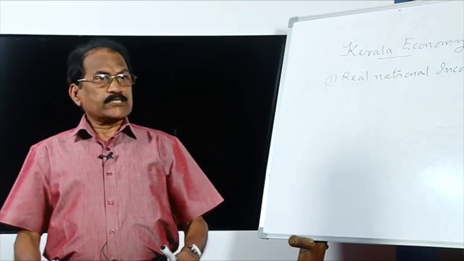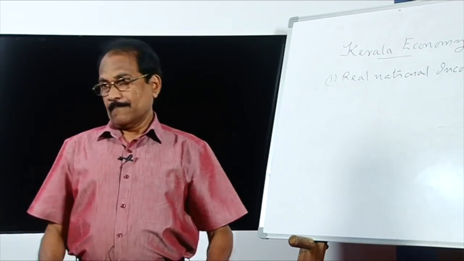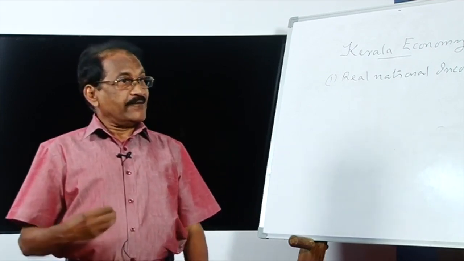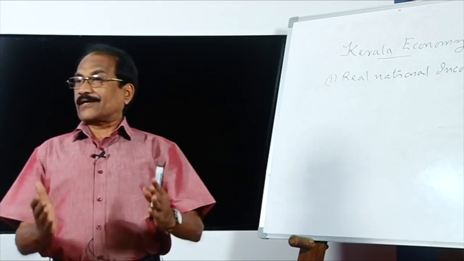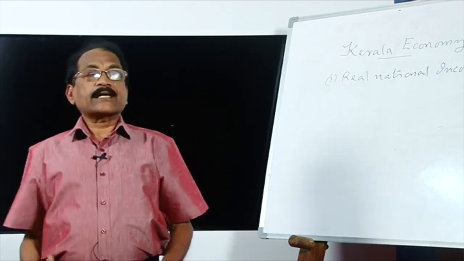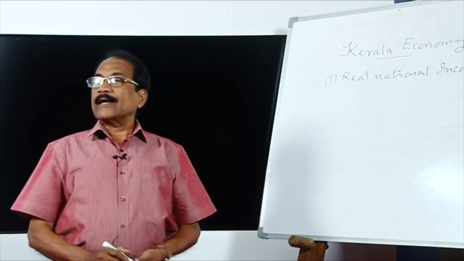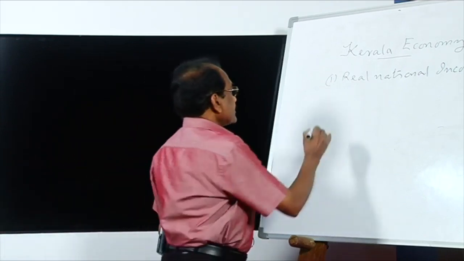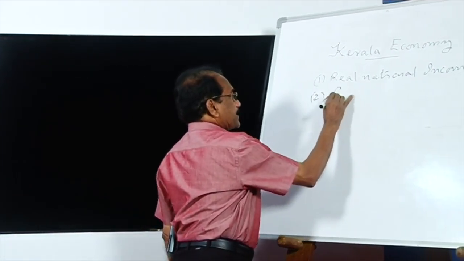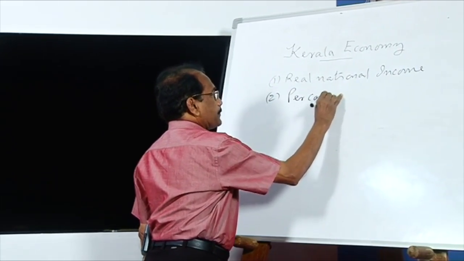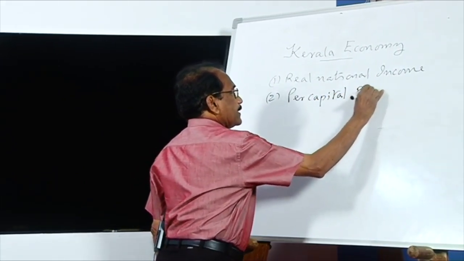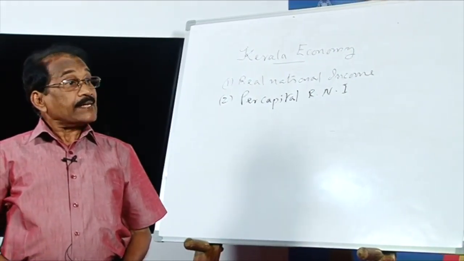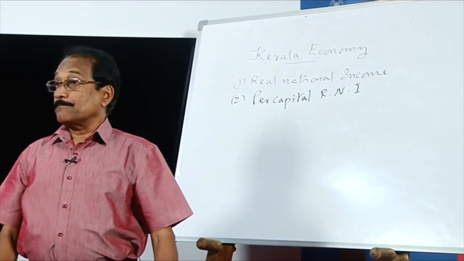So the writers, especially the socialistic writers, who want improvement in the welfare and living standard because of economic growth, rejected the concept of real national income, and instead a second criterion they have put forward, what is called per capita real national income. Instead of real national income, take per head availability of national income, per capita.